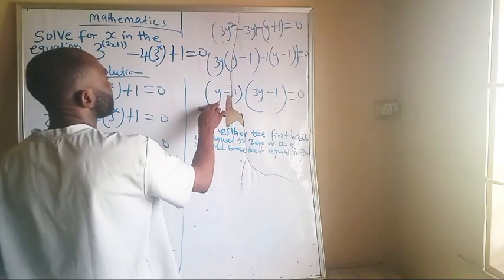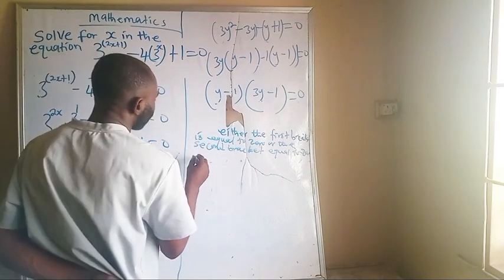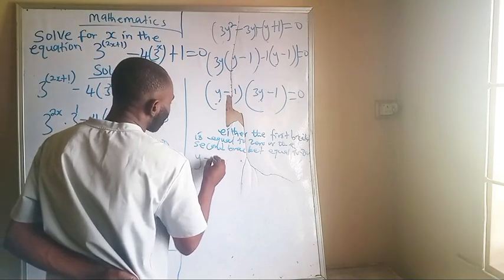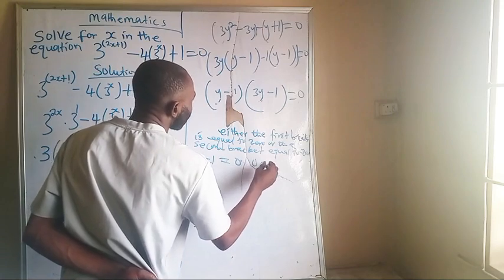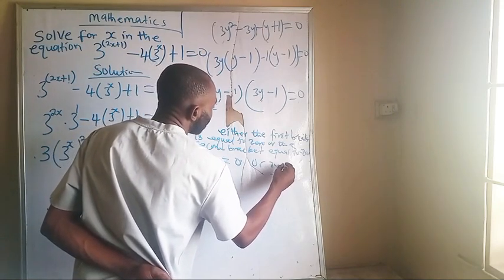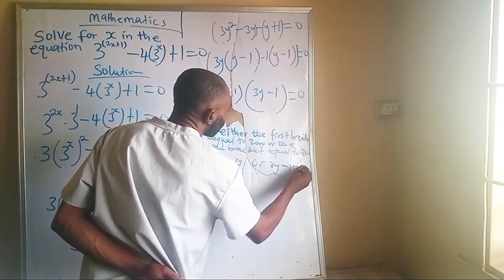So either this first bracket is equal to 0 or this second bracket is equal to 0. So now y minus 1 is equal to 0 or 3y minus 1 is equal to 0.